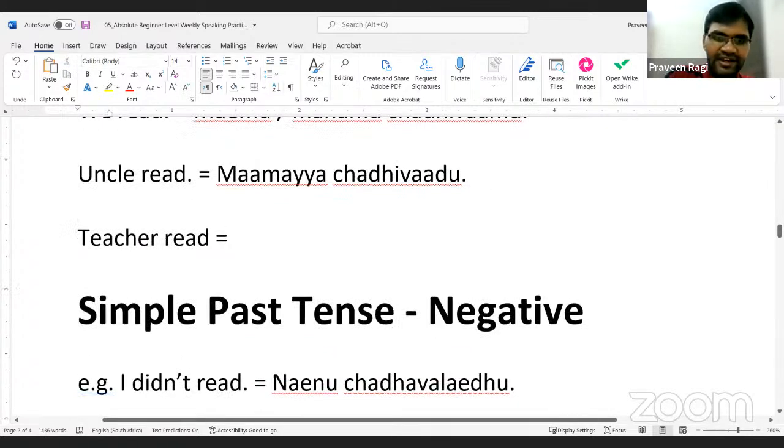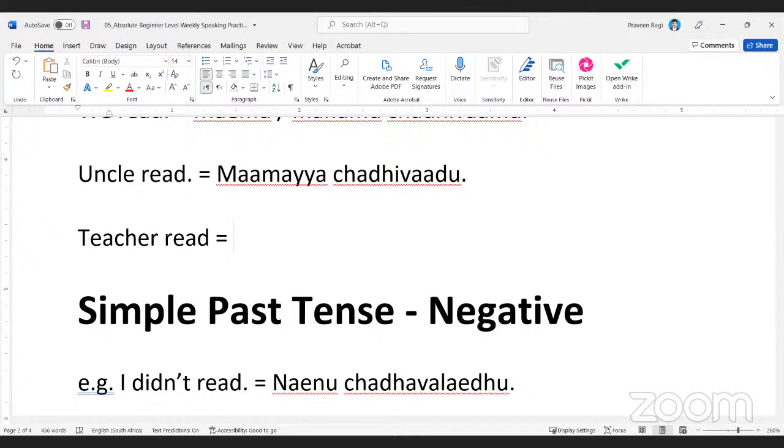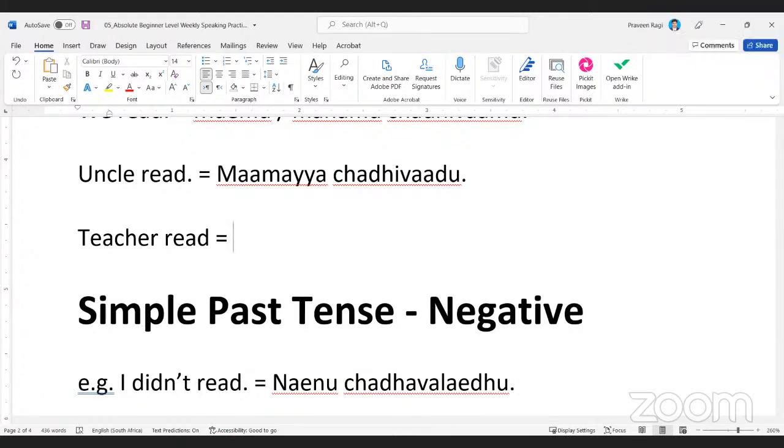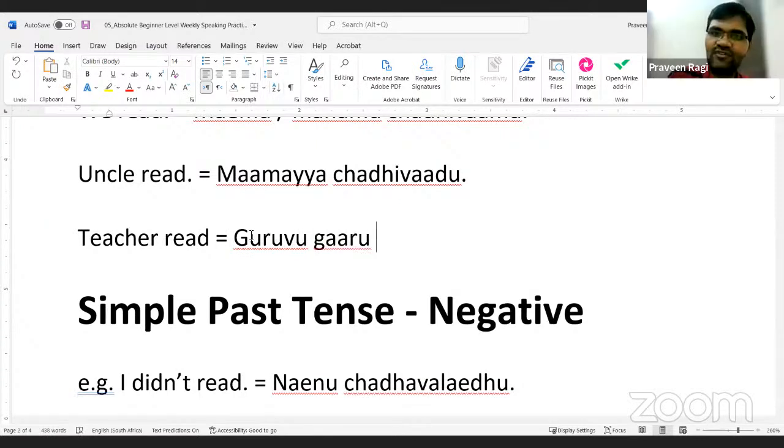Teacher read. We can say Guru garu chadivaru. Because we are using a respectable word like varu.